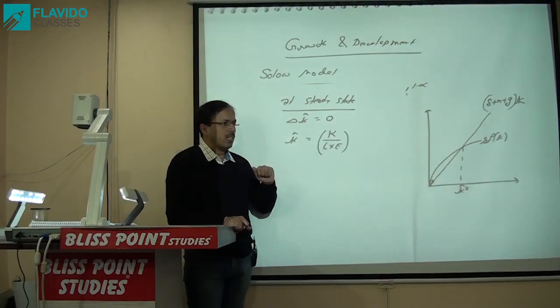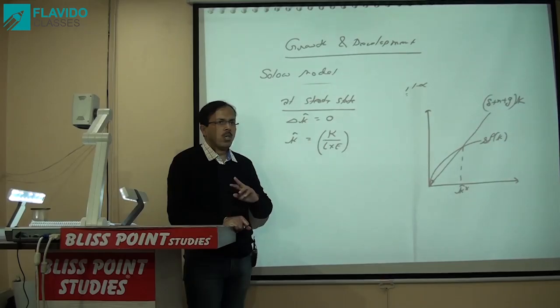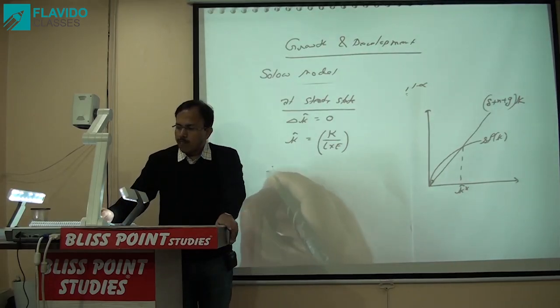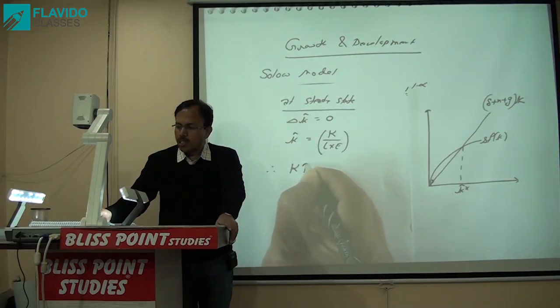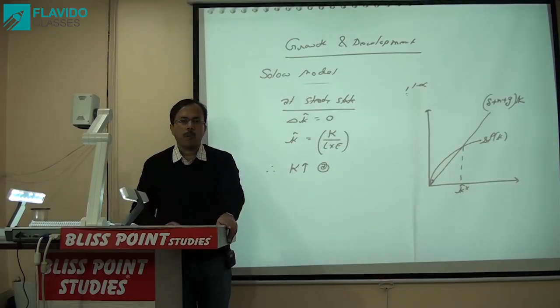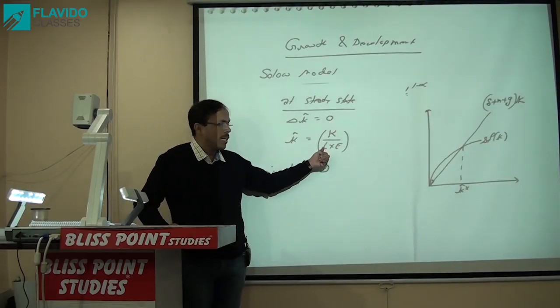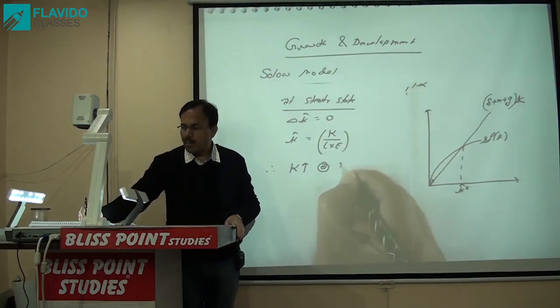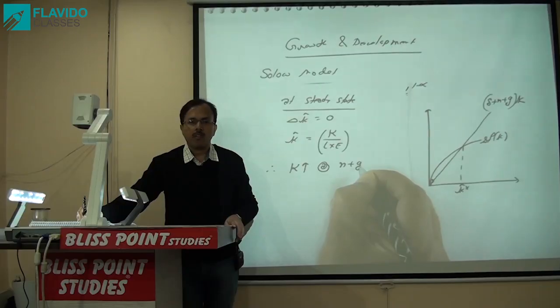Labor is growing at rate N. Efficiency is growing at rate G. So L into E is growing at a rate of N plus G. When you take growth rate it becomes log. Taking log, where a product appears the sign becomes plus, where a ratio appears the sign becomes minus. So if capital stock is growing, at what rate is K growing? Growth of L plus growth of E, so N plus G.